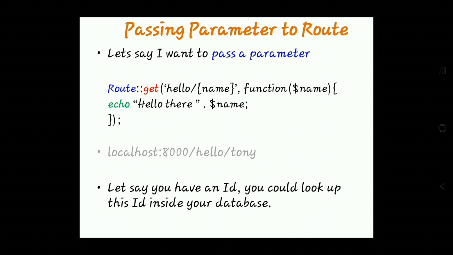Passing parameters to a route. Let's say we want to pass parameters. Call the route and use Route get hello name. So now we have our directory and our parameter, which is the name, and the function with the variable name, and our output in our web page.